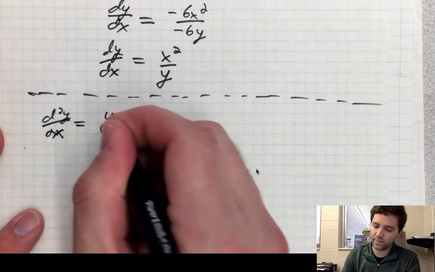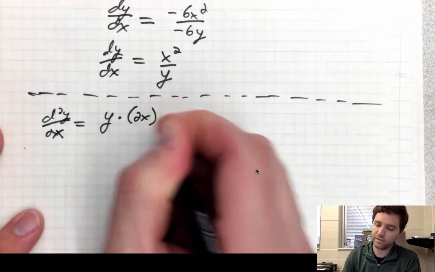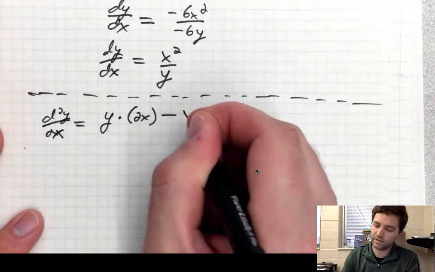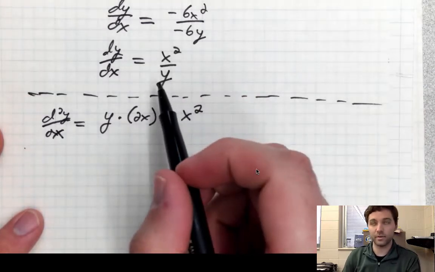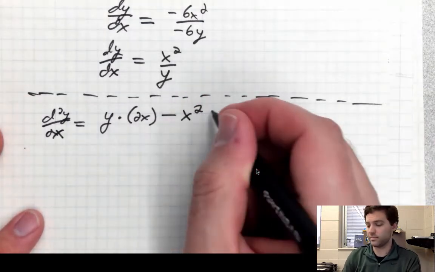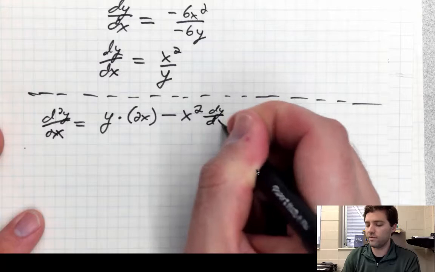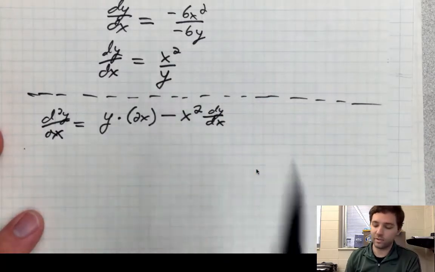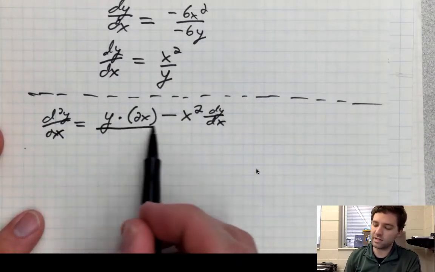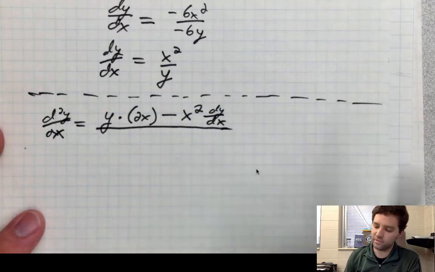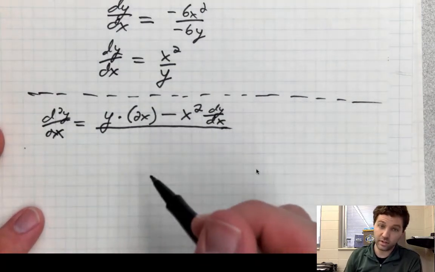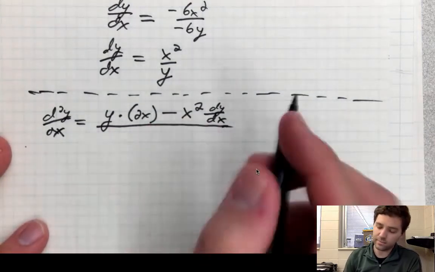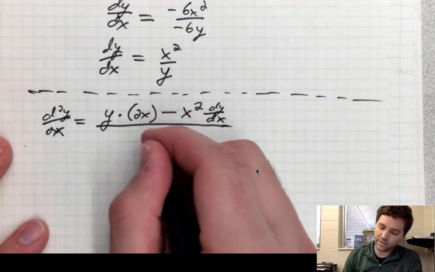So we have the bottom times the derivative of the top minus the top times the derivative of the bottom. Derivative of y is dy dx. Very, very easy to just look at y and then just put 1, but you've got to remember that y is the dependent variable. We're assuming it's a dependent variable, and that the derivative of that is dy dx. All right, that's all divided by the bottom squared.